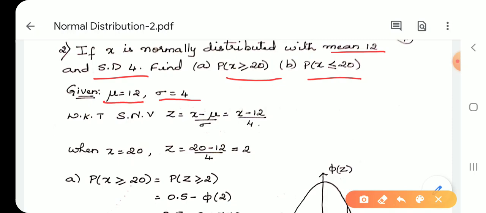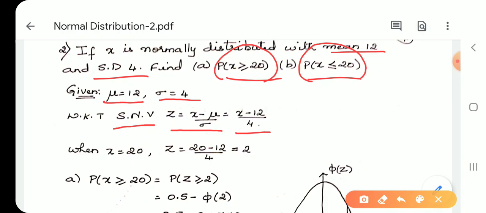Now here x is given, that is P of x greater than or equal to 20, P of x less than or equal to 20. So to use the probability table, now x we have to write in terms of z. For that, we will use the standard normal variate, which is given by the formula z is equal to x minus mu by sigma. Mu is 12, sigma is 4. So z is equal to x minus 12 by 4.